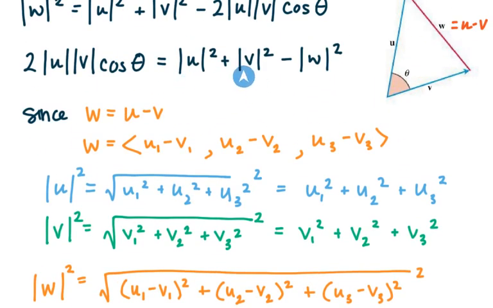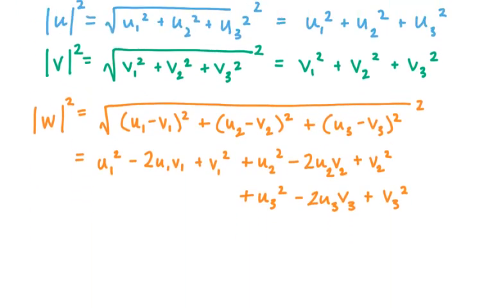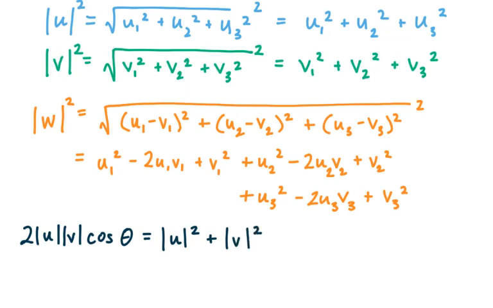Magnitude of U, magnitude of V, magnitude of W. So I'm going to plug these in. I'm going to bring this whole equation down, rewrite it down here, and plug some values in. So I have 2 magnitude of U, magnitude of V, cosine theta. We said that was equal to the magnitude of U squared plus the magnitude of V squared minus the magnitude of vector W squared.